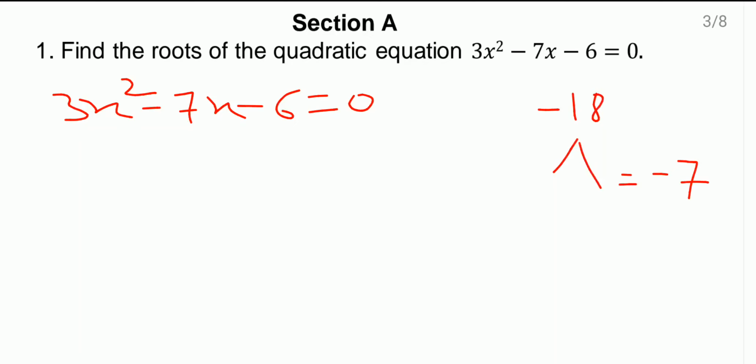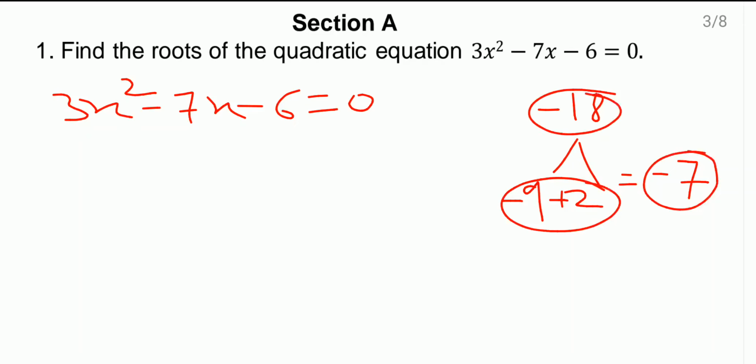I need to find 2 numbers whose product is -18 and whose sum is -7. So it is 9 and 2, but -9 plus 2, if I do, I get addition as -7 and I get product as -18.